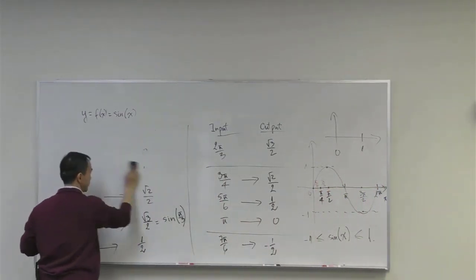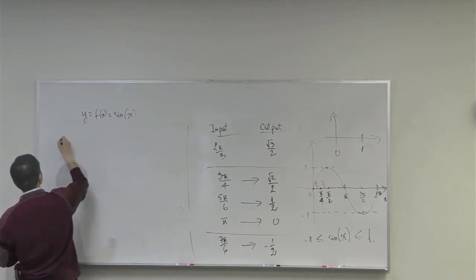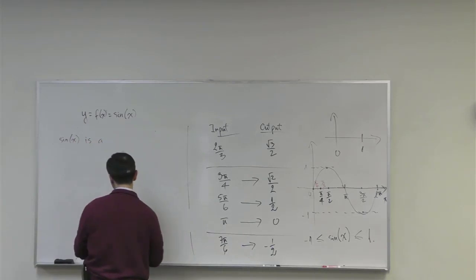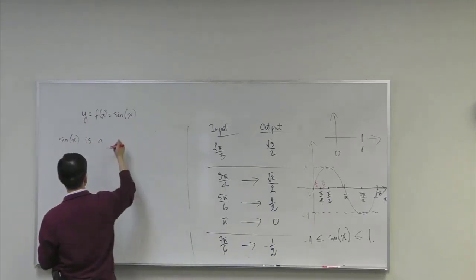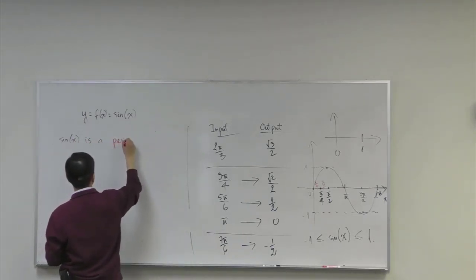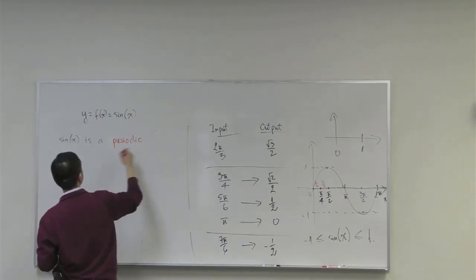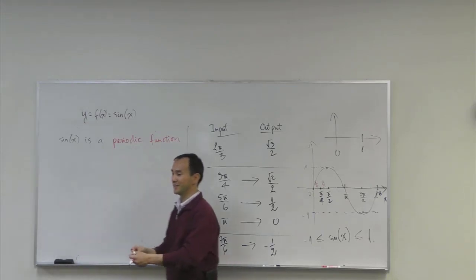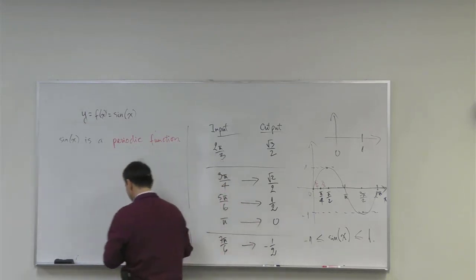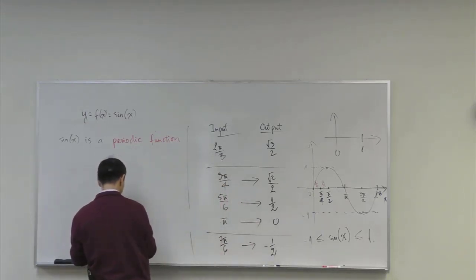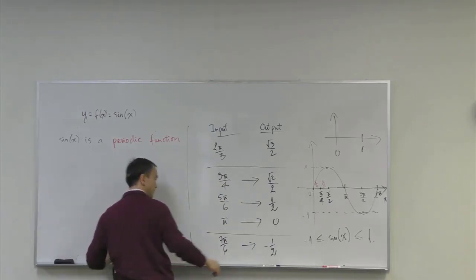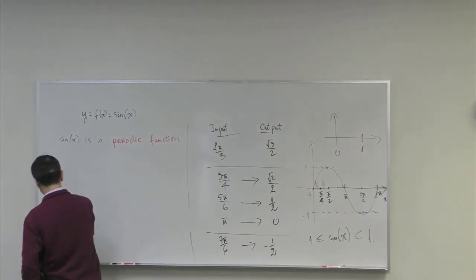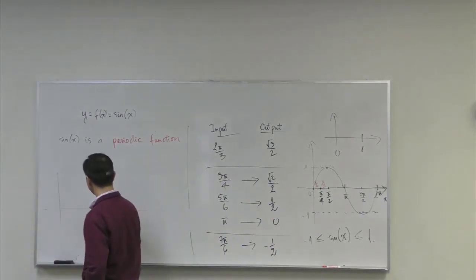Okay. So this sine of x, you saw the wave nature right there, right? Sine of x is what people call a periodic function. So why is that? Because when you're looking at the graph, and I don't want to keep swinging back and forth on that screen, the graph looks like this. 2 pi, right?